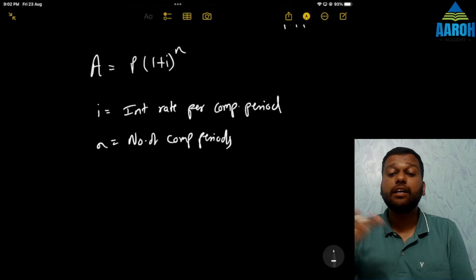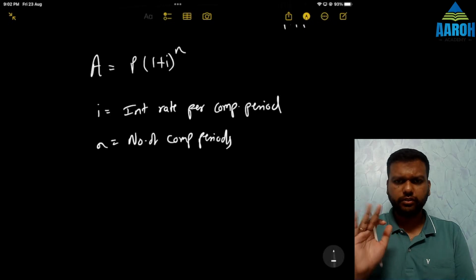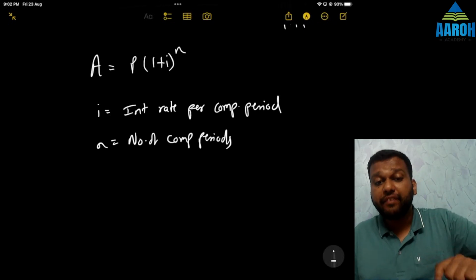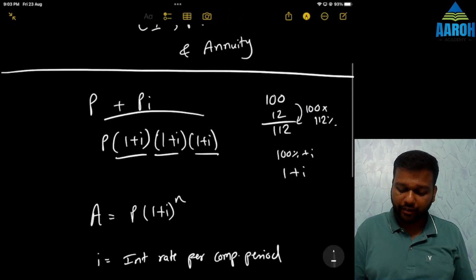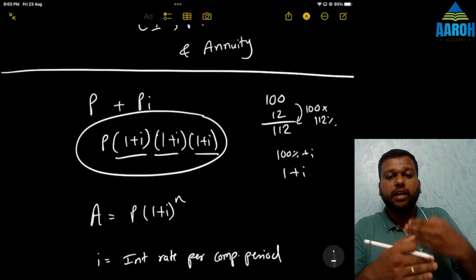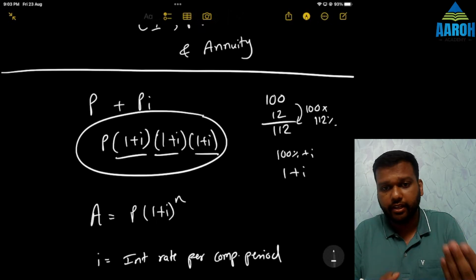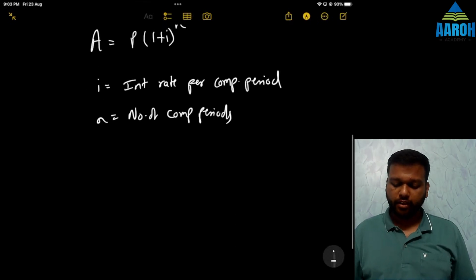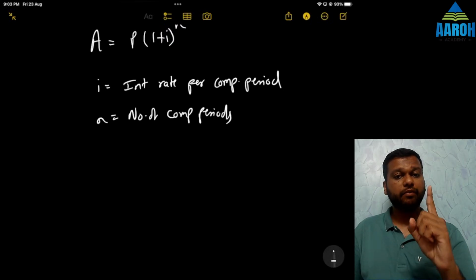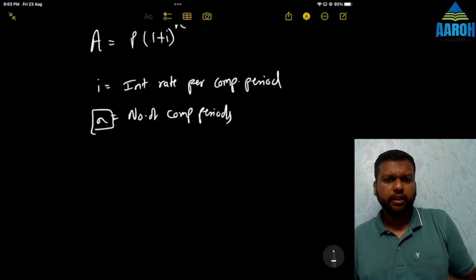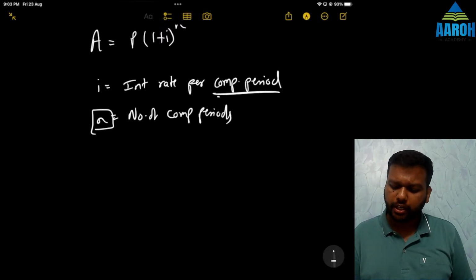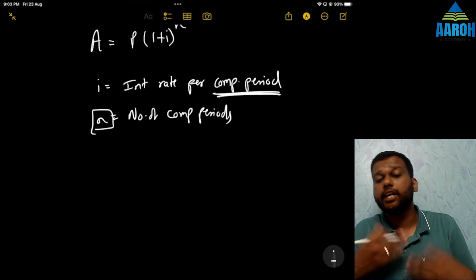How will we decide compounding periods? For example, if we are doing compounding annually, that means adding interest every year, 1 plus I, 1 plus I, 1 plus I, then our compounding period will be 1 year. So n will be the number of years in that case, and interest will be per compounding period, meaning per year, so interest will also be per annum.